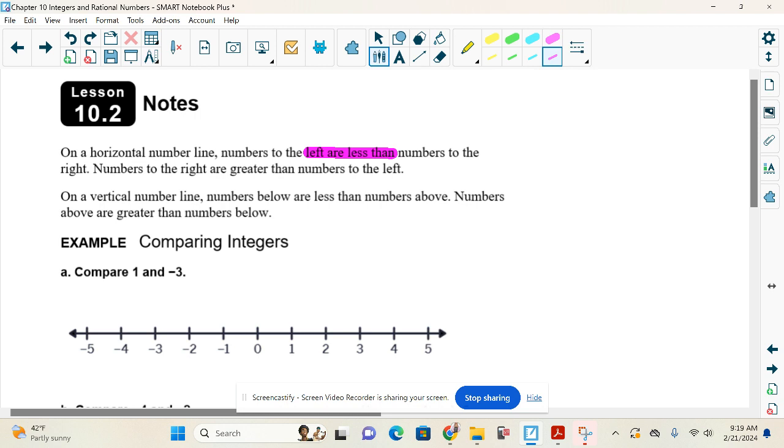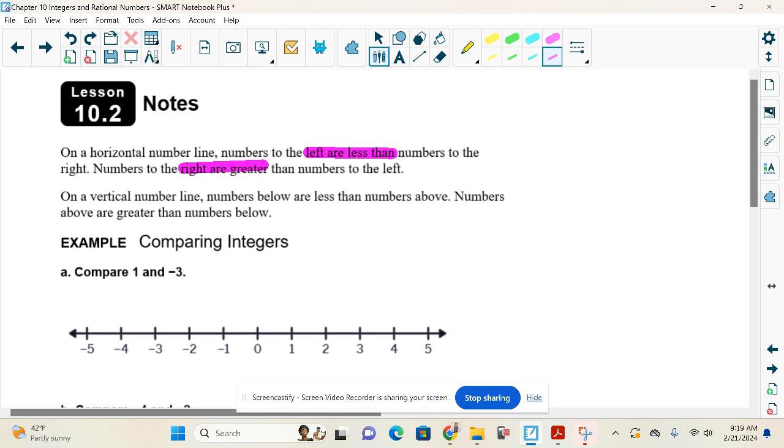The number further to the left is going to be the lesser number, and the numbers to the right are going to be greater. I would highlight that so that I remember that left is less, right is greater. That's on a horizontal number line.